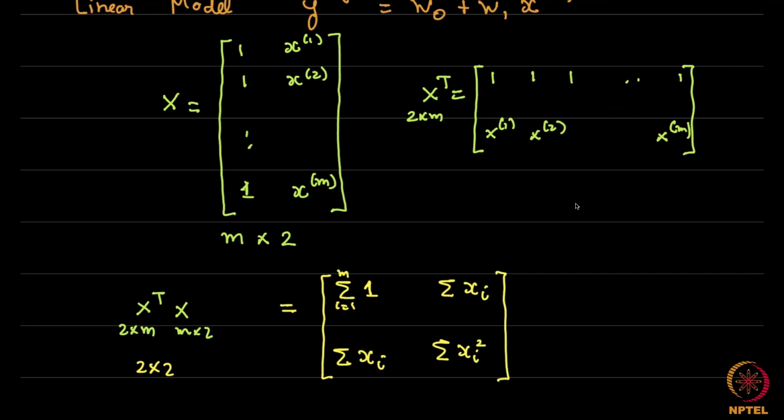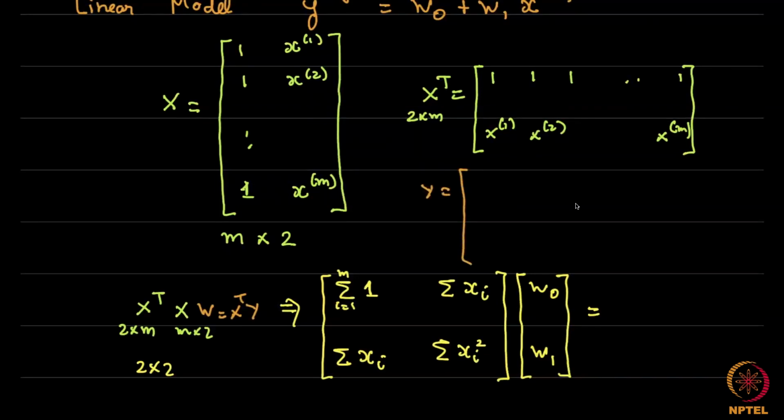Now the equation was X transpose XW is equal to X transpose y. So this is the X transpose X, W. Now we next have to do X transpose times y. y we already saw is simply y1, y2 up until ym.